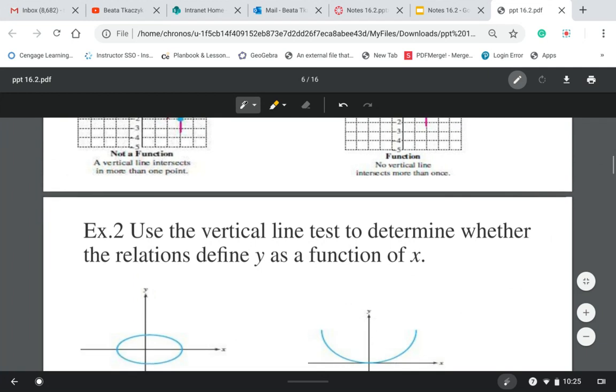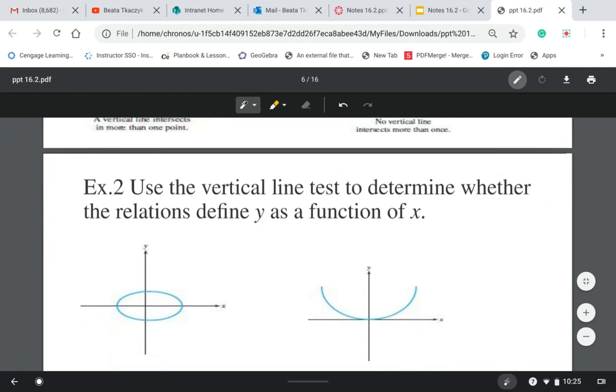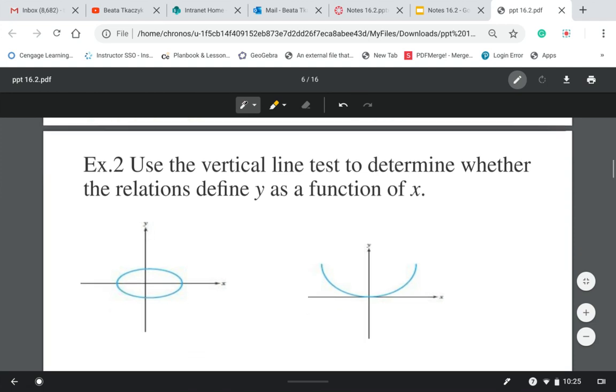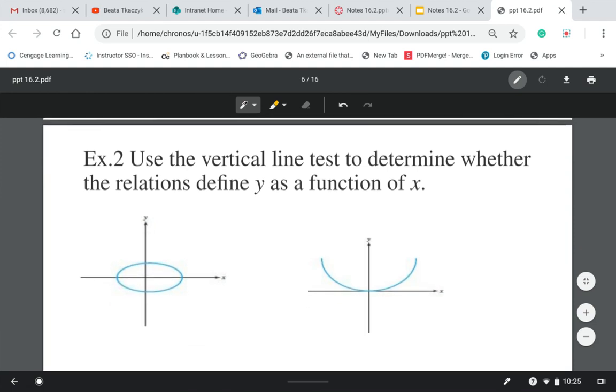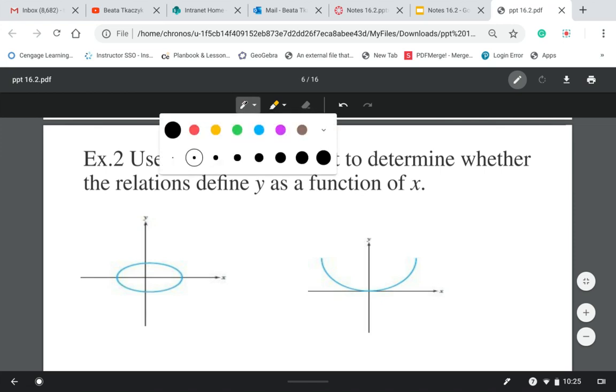So again, now since we know what the vertical line test is, in the next example on slide 6, we have to use the vertical line test to decide if the relation defines y as a function of x. Okay, so what I'm going to do, I'm going to draw vertical lines.